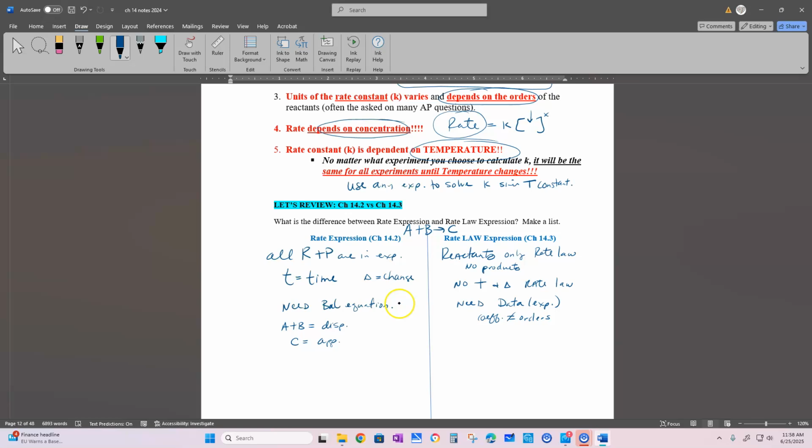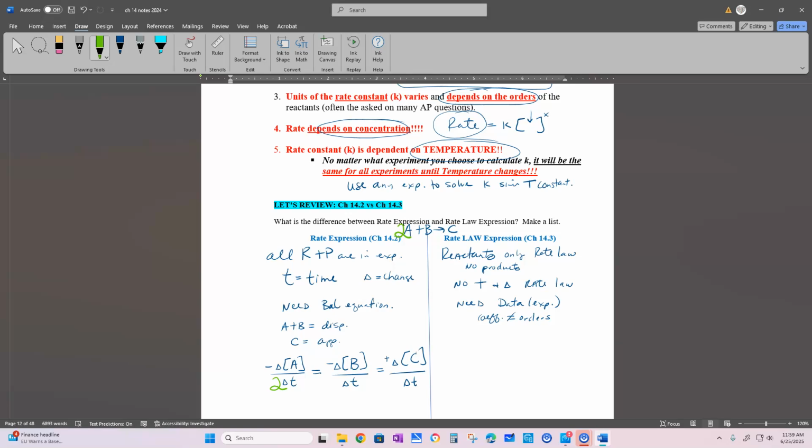Because A and B are disappearing, we take change in A over change in time, equals, how does it correspond to B? Well, B is also disappearing, change in time, but C is appearing, so change in C over time. I'm just going to put a little plus sign so remember disappearing and appearing. The only difference was if there was a coefficient on the 2A, then that 2 would go at the bottom.